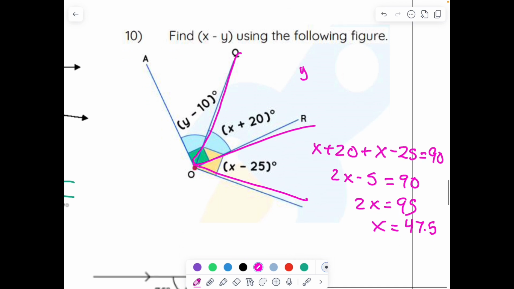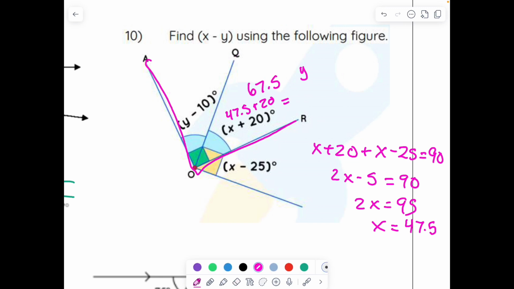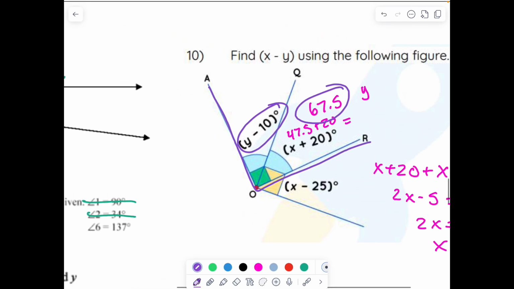47.5. Okay, so I'm going to plug that in, 47.5 plus 20. So this angle right here is now 67.5. And I'm going to use that to find y, because now this 67.5 and this angle add up to 90. So y minus 10 plus 67.5 should equal 90 degrees.